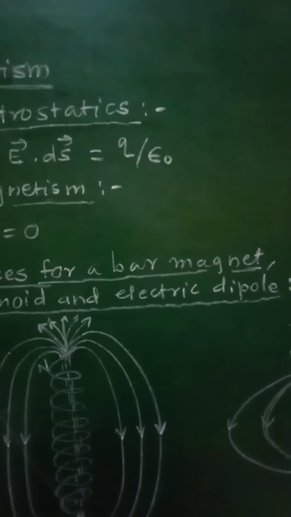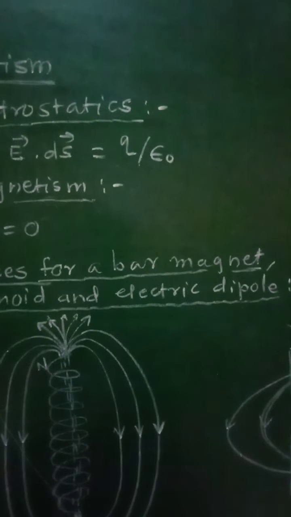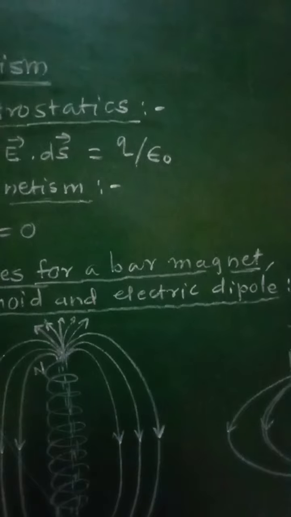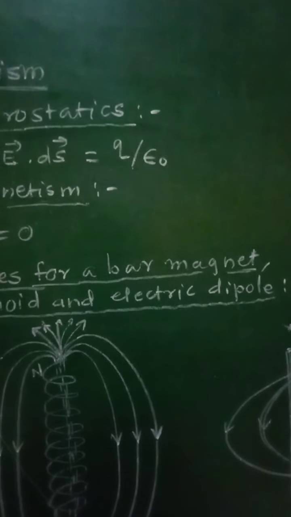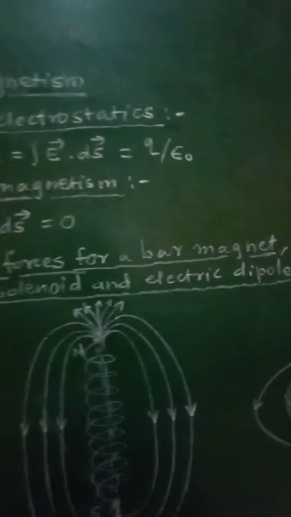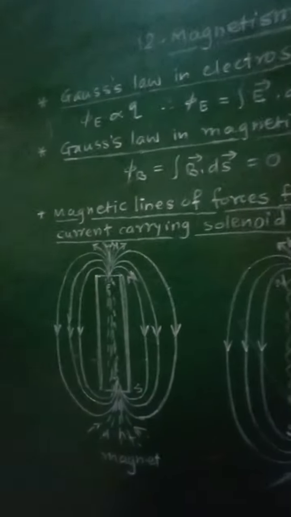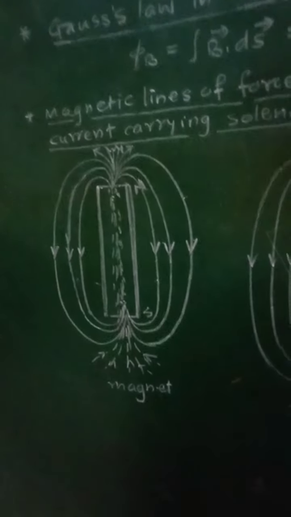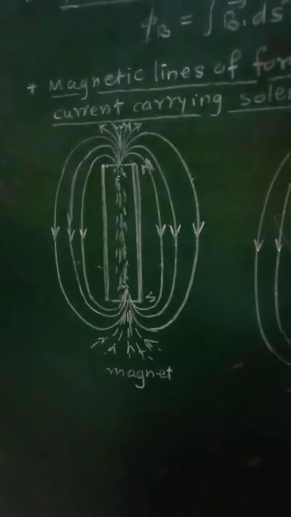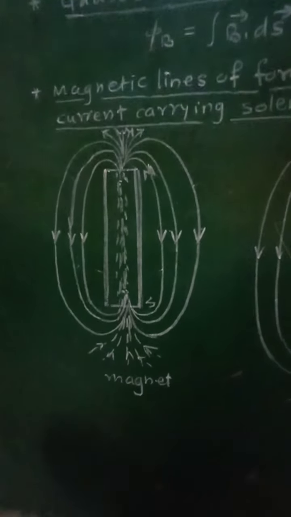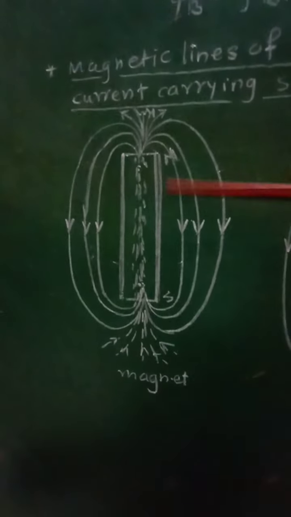The magnetic lines of forces for a bar magnet, current carrying solenoid, and an electric dipole are as shown below. Let us see one by one.